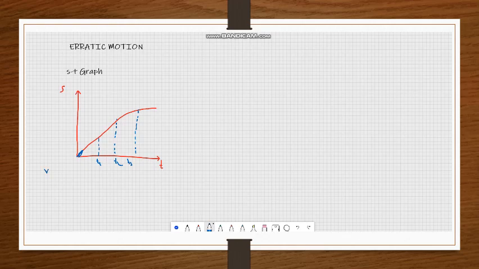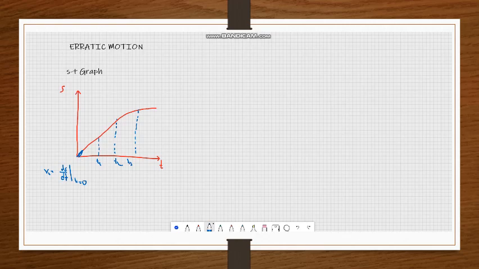Let's say our v0, which is the initial velocity, is ds over dt, right? ds over dt is the slope of this graph when time is equal to 0.